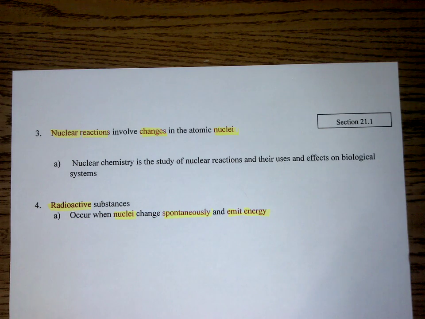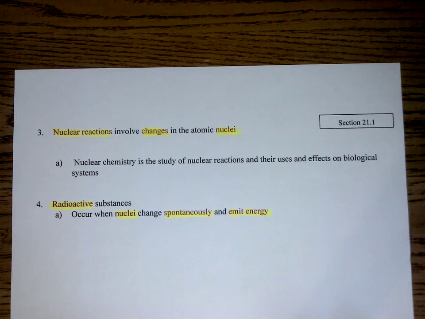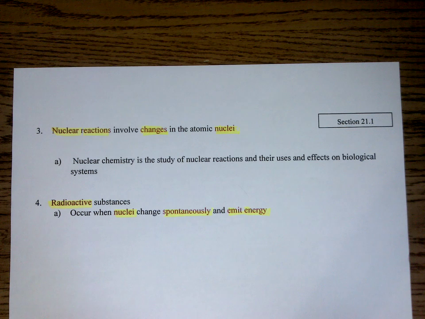So when we have radiation, or when we have nuclear chemistry, we're really just dealing with changes in the nuclei. So we're either going to affect the number of protons, or affect the mass by adding neutrons or taking away neutrons, and that's what we're going to be focused on.